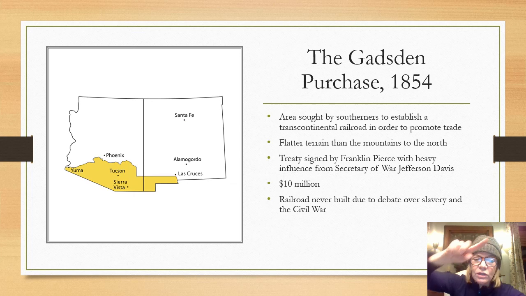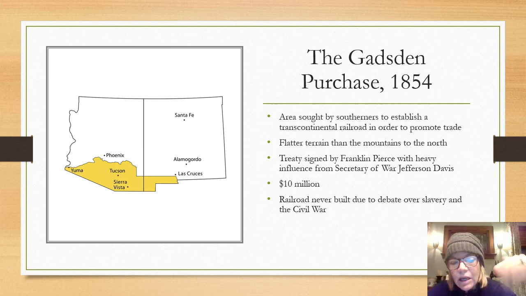But Jefferson Davis wanted one from the south. And because of the terrain down in this region of Arizona, it would have been a better location for a transcontinental railroad than going further north through the Rocky Mountains or the Great Plateau and areas there.